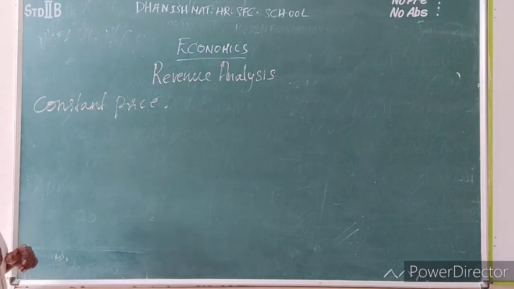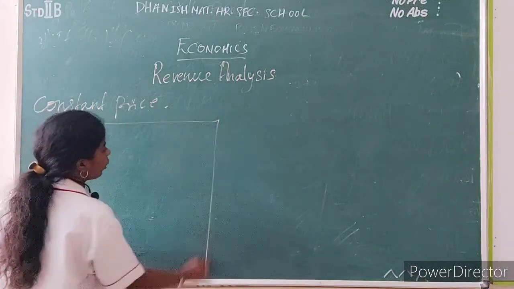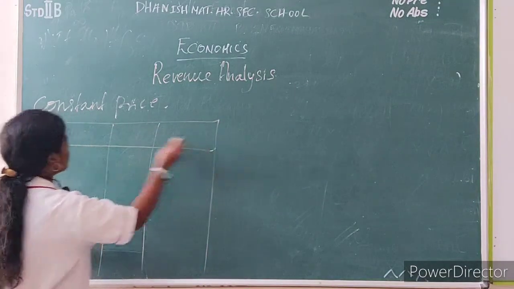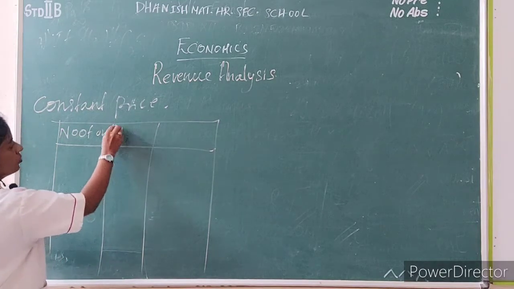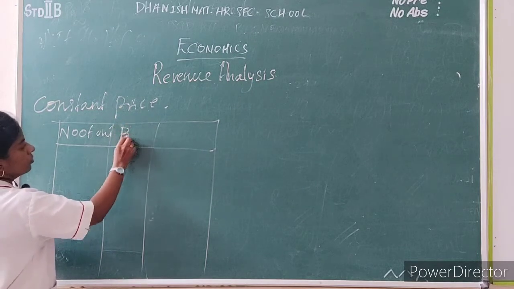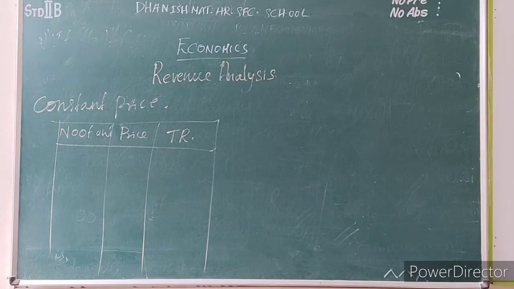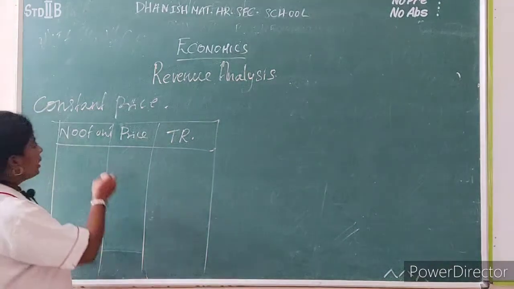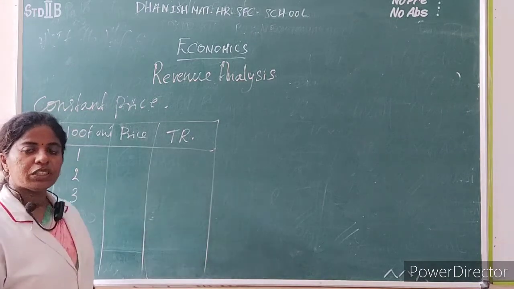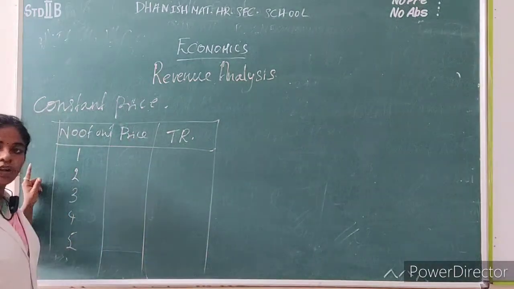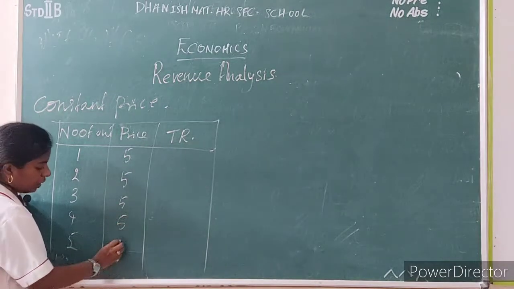See, total revenue under constant price. See the number of units which have been produced. The price is constant, so the price will remain constant for each output.